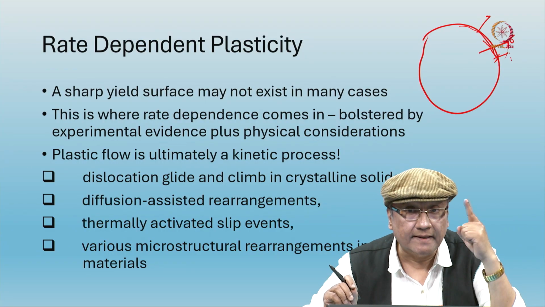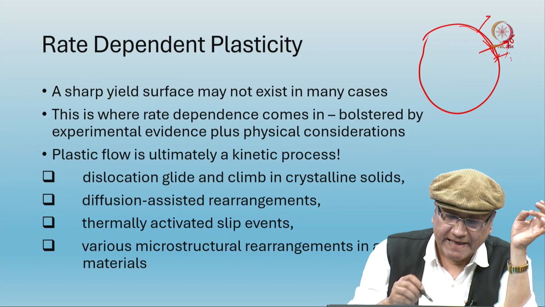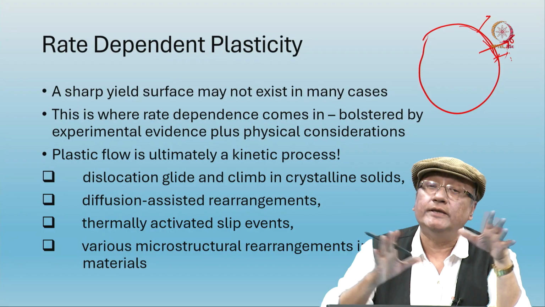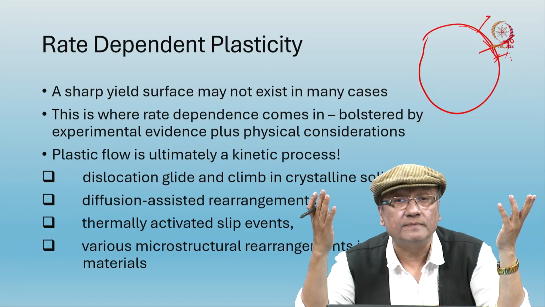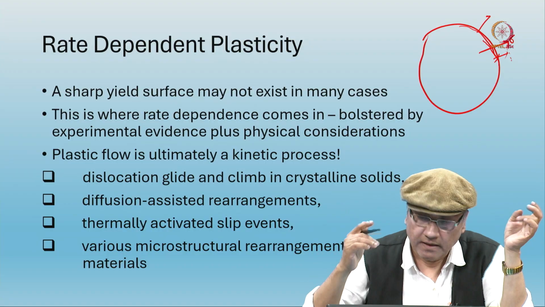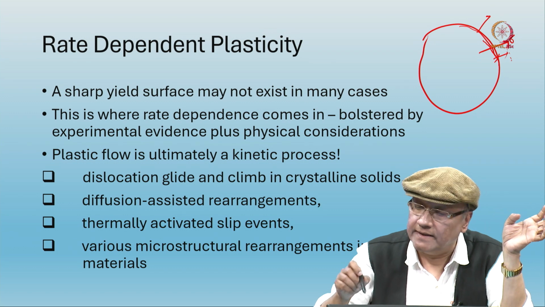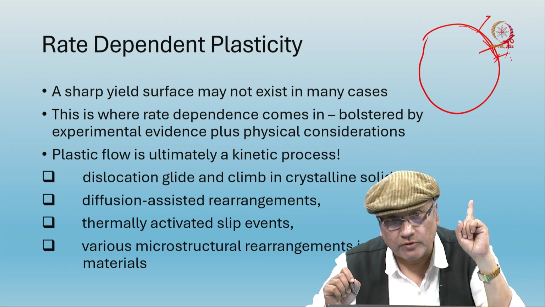So overstress is allowed in rate dependent plasticity. You can still have a yield surface in some cases of rate dependent plasticity, and we will discuss that. There need not be any yield surface, but if there is, then stress can move past it. That is what is important.